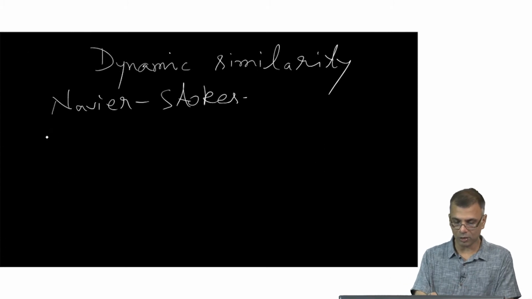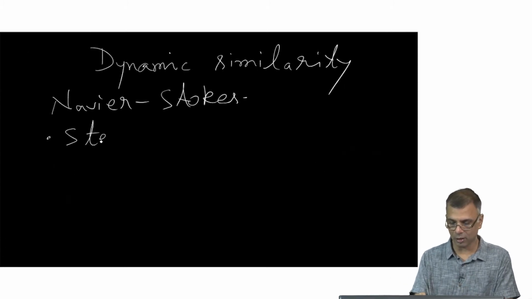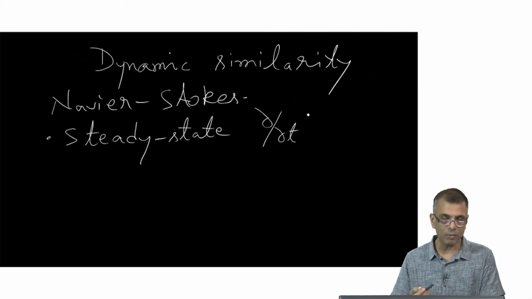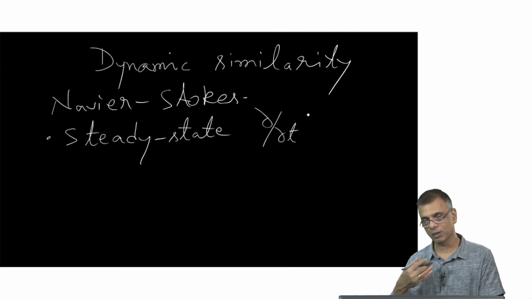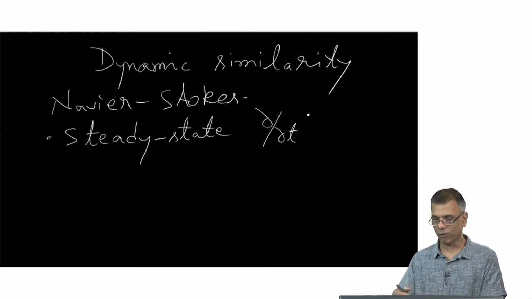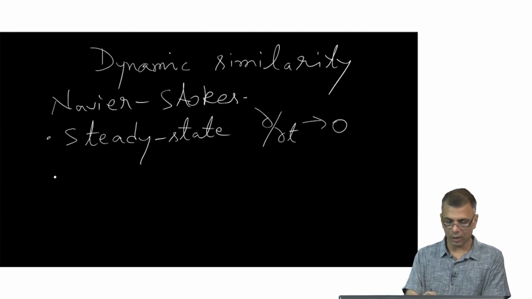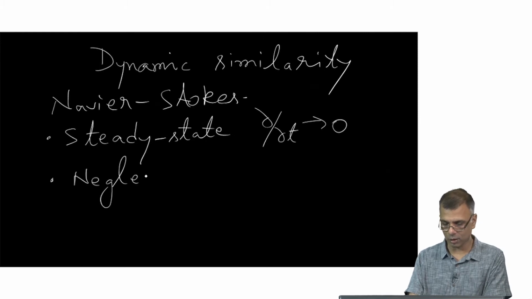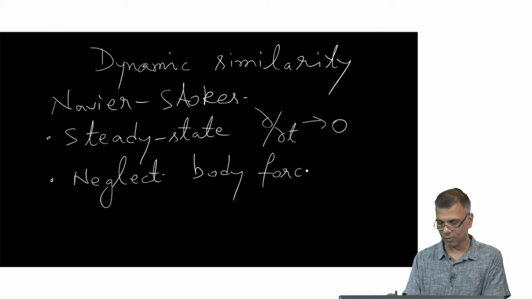We specialized to steady state, which is to say any partial derivatives, in other words time derivatives as discerned by the observer in the lab frame, go to 0, and we also neglected body forces such as gravity.